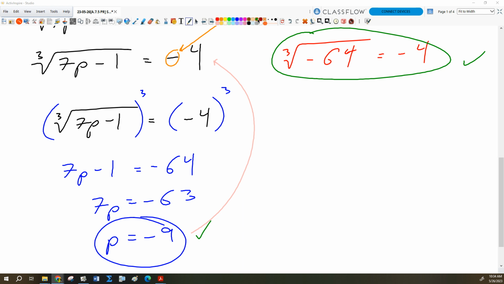It's only when you take both sides to an even power. And the math behind that has to do with the symmetry of the functions. This is kind of high level stuff, but I'm just going to show you something real quick. You might be interested. A cube root looks like this.